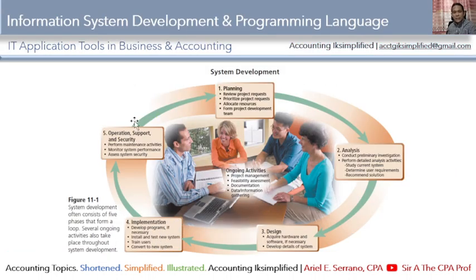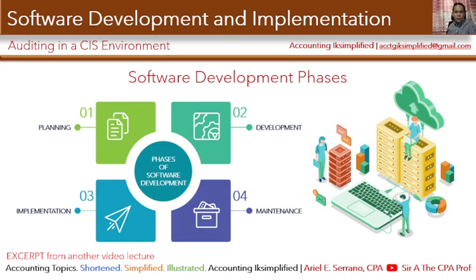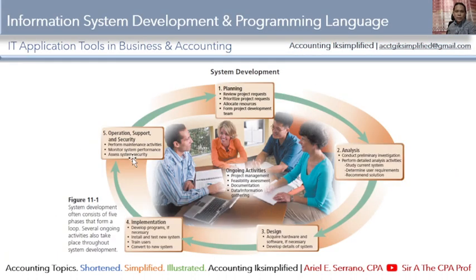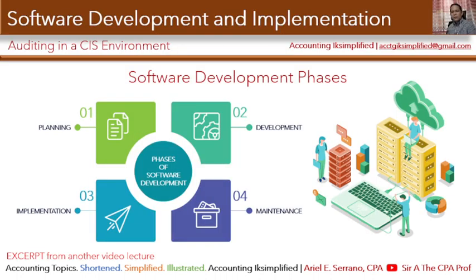Yung maintenance, dito sa kabilang author, ito po yung operation, support, and security, kasi kung mababasa ninyo itong unang bullet point, perform maintenance activities. So, you see, kahit na magkakaiba yung numbering ng organization, pero by principle, parehas lang po sila yung life cycle nito.